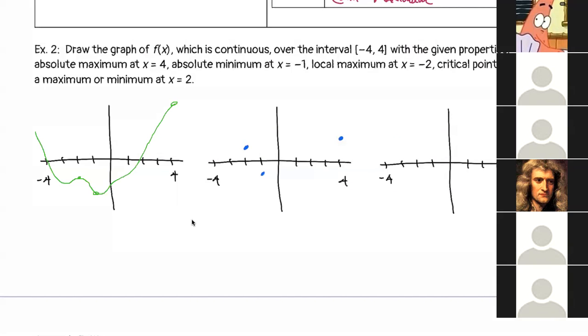Now, maybe the graph looks something like this. We've got a local maximum here, and then it sort of goes down. It's a local minimum. All right. And then if I didn't have that last piece of information, the critical point that is not an absolute minimum or maximum at 2, then I could just sort of connect these however I want and call it a day.